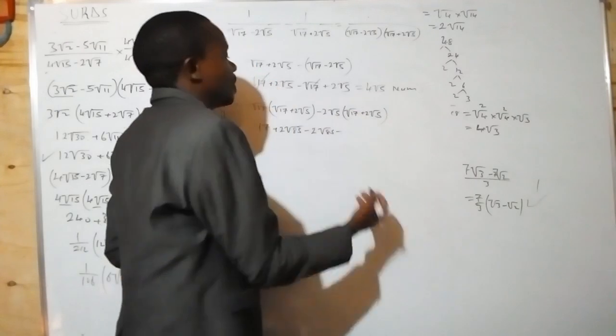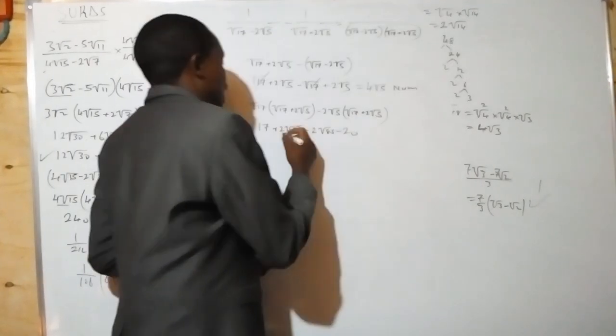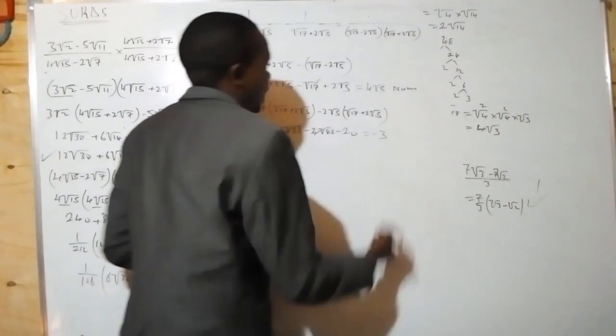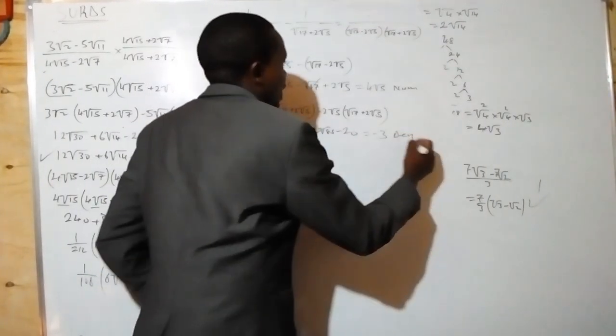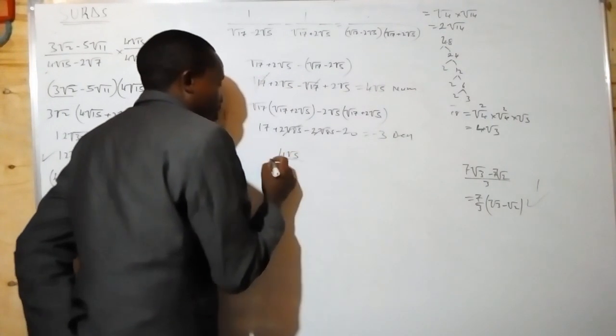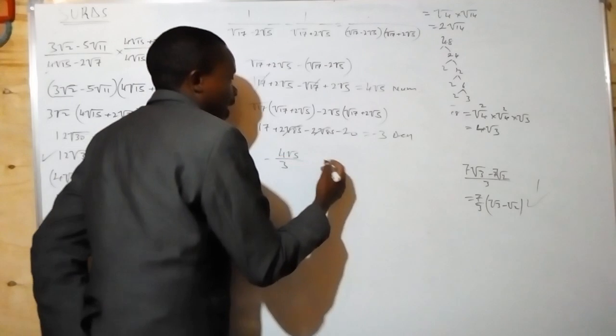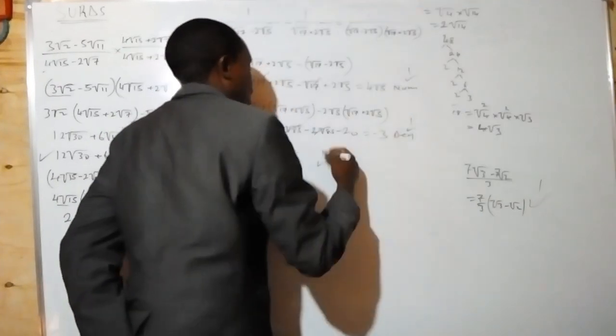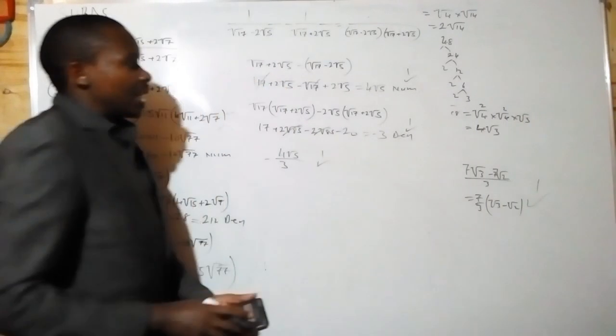This and this will cancel out, 17 minus 20 is supposed to be negative 3, and this is our denominator. We combine the two, 4 root 5 all over negative 3, yeah, this is the final answer, 1 mark, 1 mark, 1 mark, totally 3 marks.